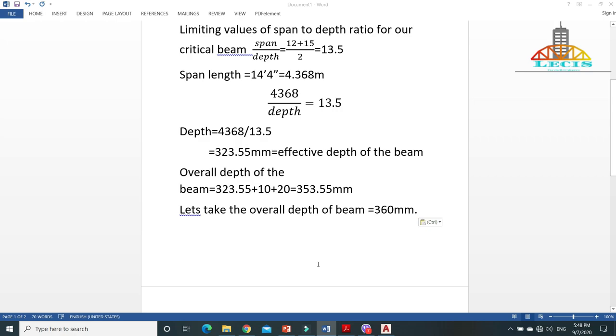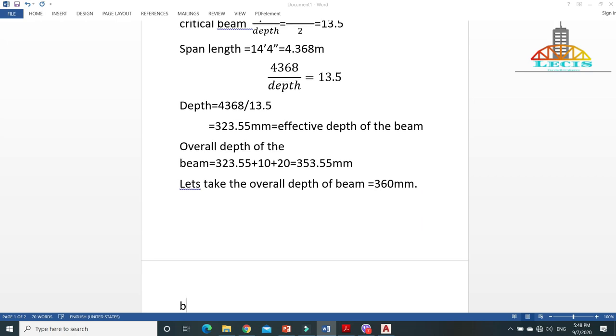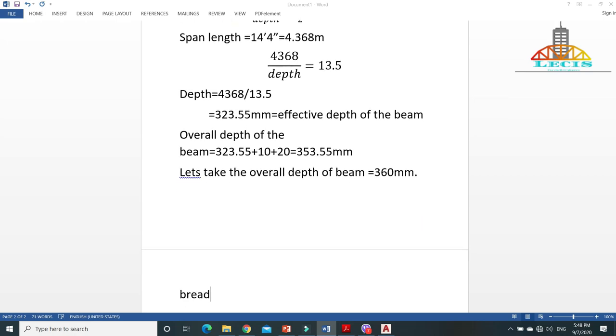We have the thumb rule for the breadth of the beam, and breadth of the beam can be taken as 0.5 to 0.75 of D. So breadth of the beam equals 0.5 to 0.75 of depth.